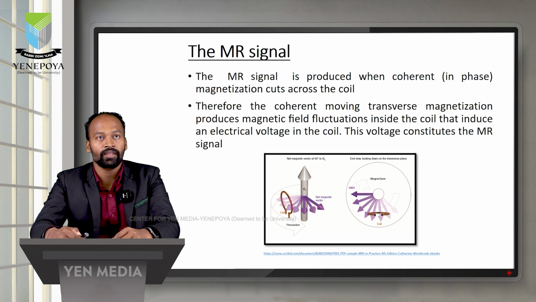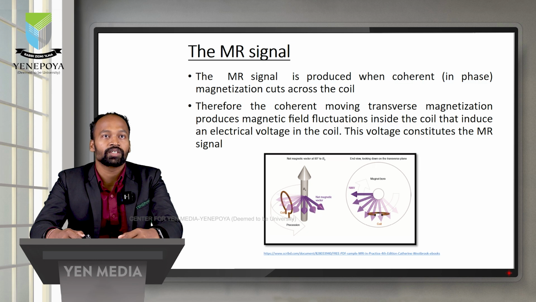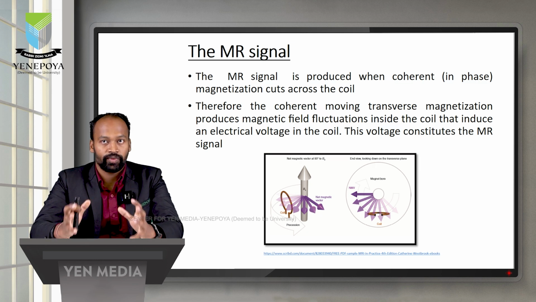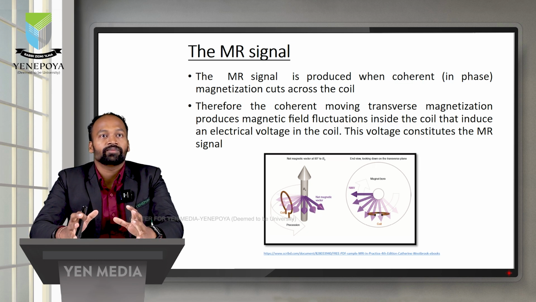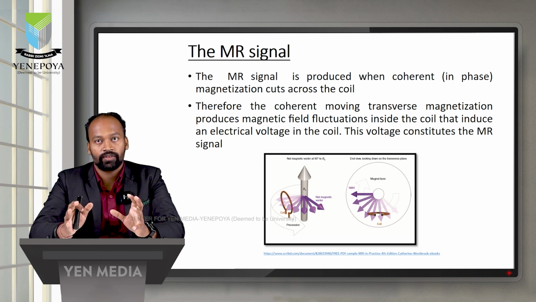Coming to the next and final part, how the MR signal is produced. The MR signal is produced when the in-phase magnetization cuts across the coil. How does this happen?